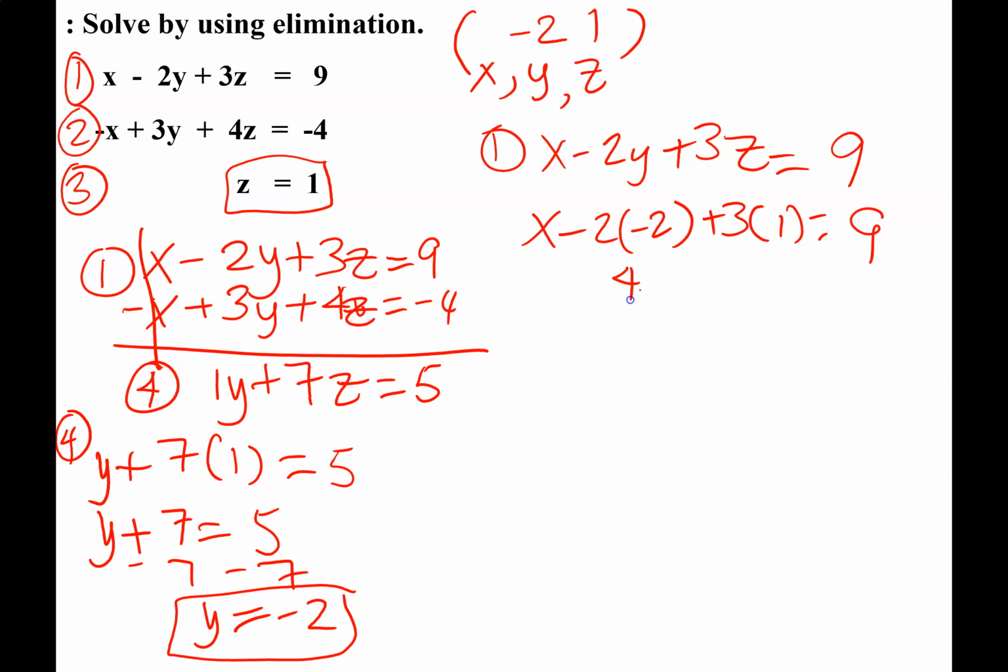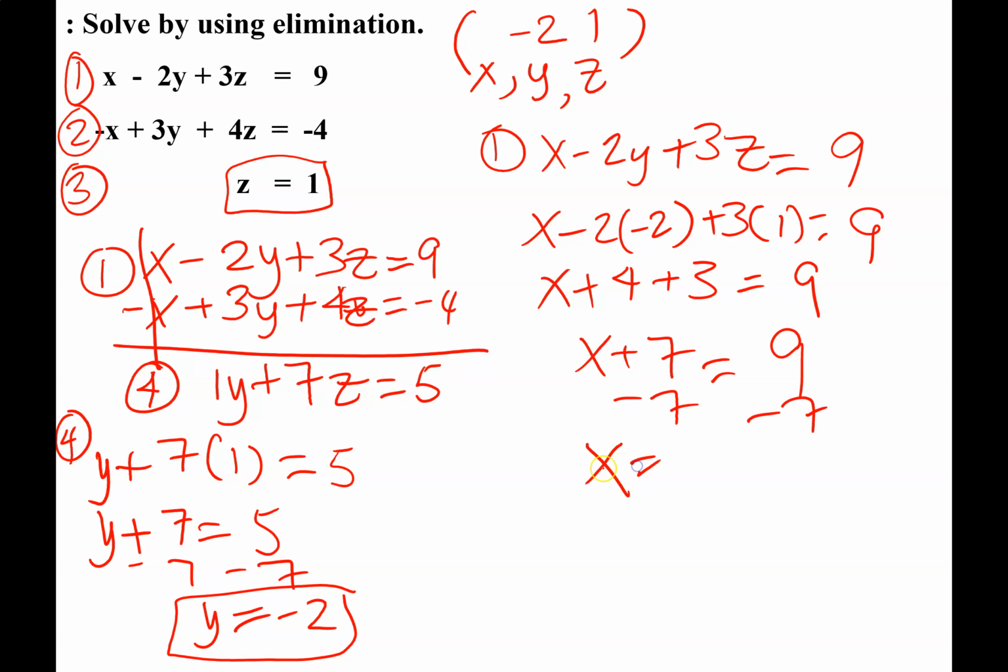So this is going to give me a positive 4. Let me bring down the x. Is equal to 9. And so we have x plus 7 is equal to 9. Subtract the 7 from each side, and we get x equals 2.